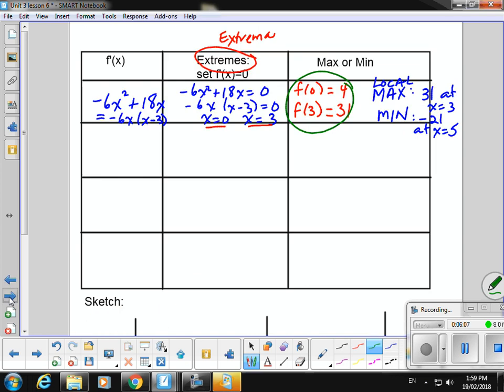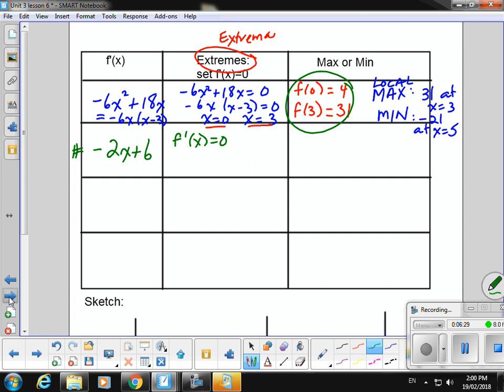So for number 2, my derivative function is negative 2x plus 6. We'll graph this in a second. My extrema come where my derivative is equal to 0. That tells me if there's a turnaround, a place where the slope is 0.